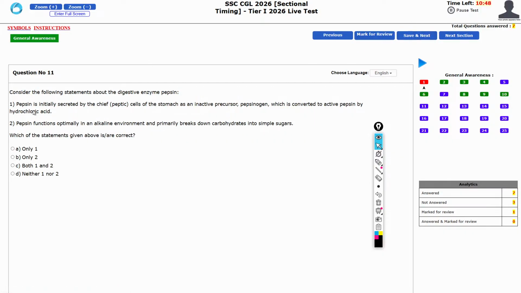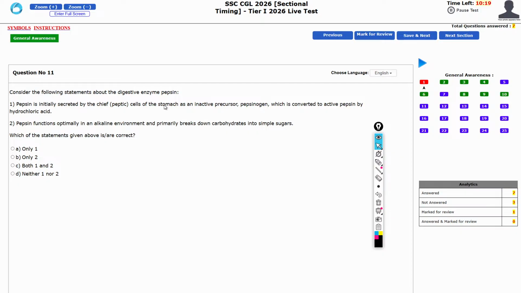Next one: pepsin is initially secreted by the chief peptic cells of the stomach as an inactive precursor. Pepsin functions optimally in alkaline. Okay, now this is something which converts active pepsin by hydro.